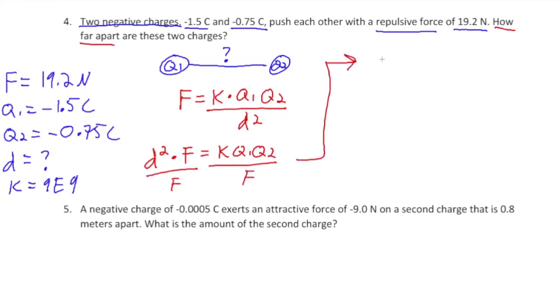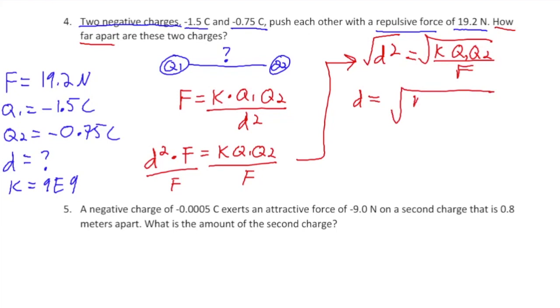So that's going to give me D squared is equal to K Q1 Q2 all over F. Again, I'm solving for D, not D squared, so I'm just going to square root both sides. That means that our final equation is just D equals the square root of K times Q1 times Q2 all over F. And all of this is under our square root.